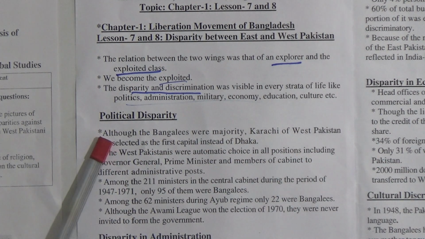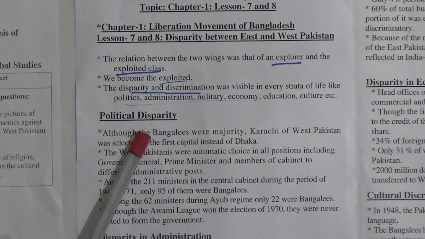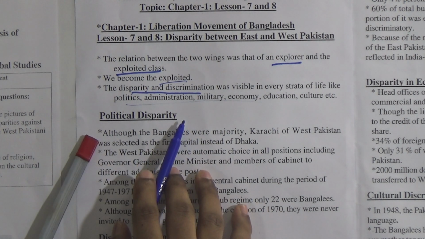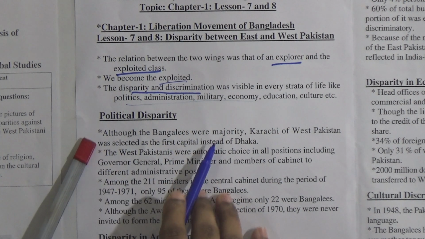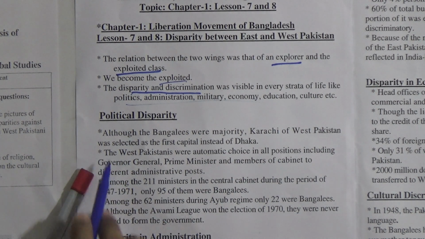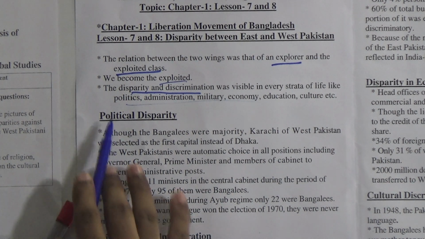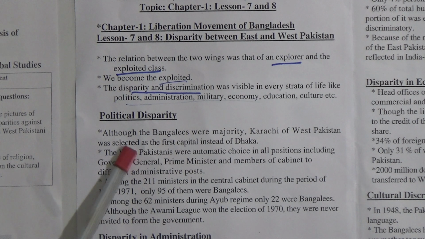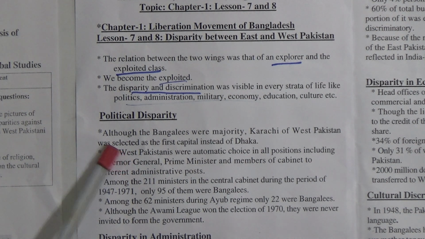Okay? So we are discussing today political disparity, and my dear students, you will not mention political disparity in this way in your assignment. You will write in a para. I am giving some important points, and you will write those points, use your own creativity and give correct information. If you don't use your own creativity and your own writing, your assignment will not be very good.